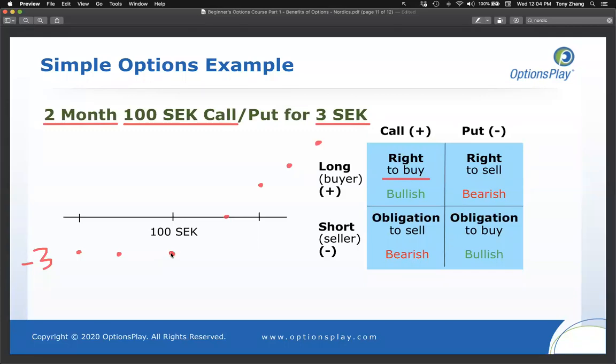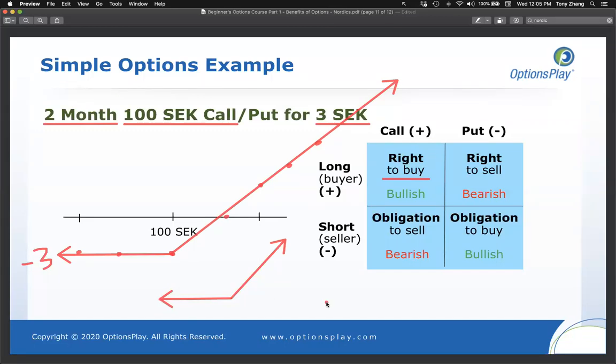So what you're going to notice is that you get a payoff graph that looks like this, which means that if the stock moves lower, even if it goes to 0, what I lose is 3 crowns. If the stock goes higher, I keep making more and more money. This payoff graph, I think, for most options traders that have started learning options, looks familiar, right?